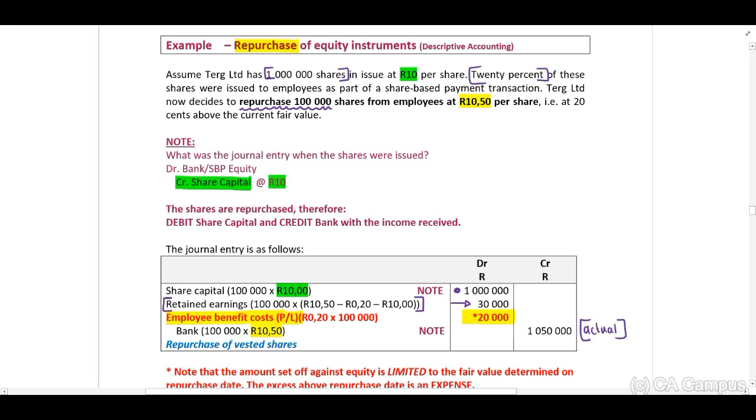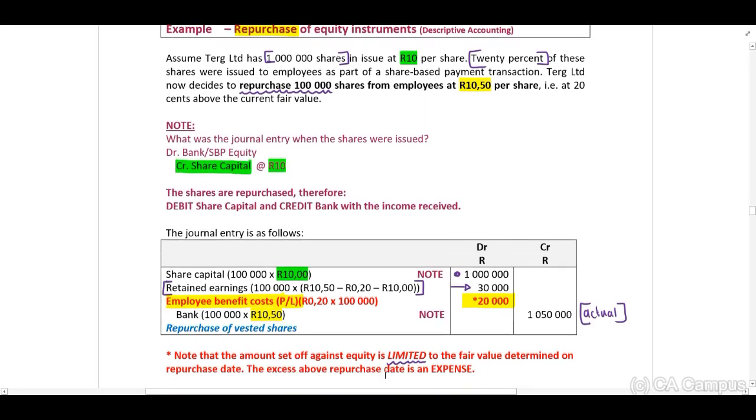Now guys, you need to note that the amount set off against equity will be limited to the fair value determined on repurchase date. The excess above repurchase date will be an expense. Now this is why we have recognized this 20,000 employee cost as an expense.